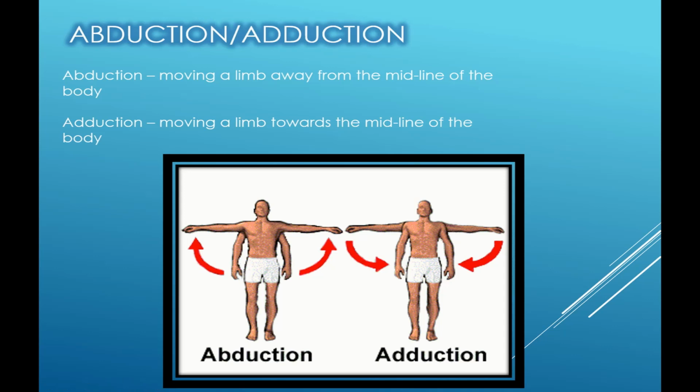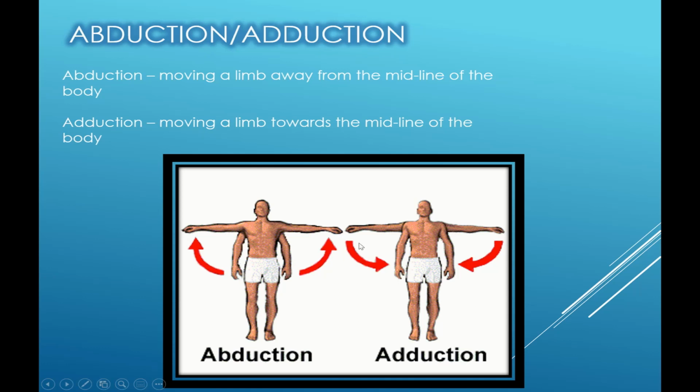Very simply, when we talk about abduction, we are moving a limb away from the midline of the body. In anatomical terms, we have an imaginary line which goes down right between the middle of the body. It splits the left and right sides, and when we move a limb away from that midline, we are abducting it away from that midline, so it is known as abduction.